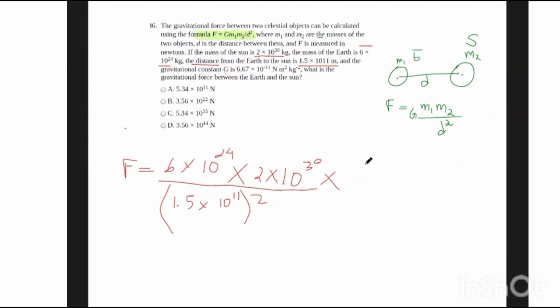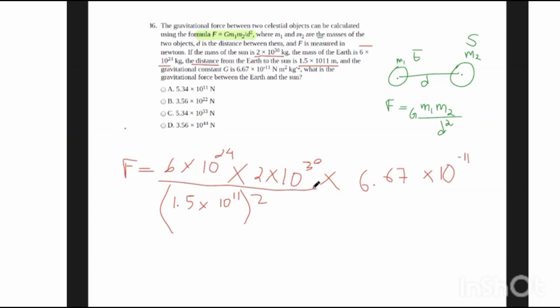Those units you do not need here right now. Just remember that its unit is already given. They are not going to ask you stuff about it. So it becomes 6.67 times 10 to the power minus 11. It doesn't matter if you write the G portion here or here, because this is multiplication only.